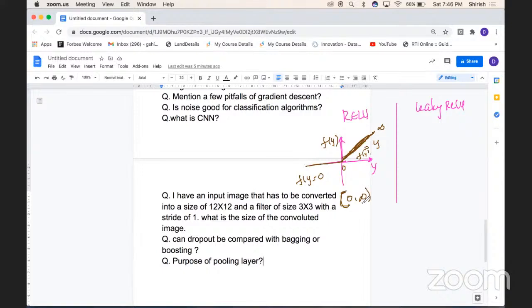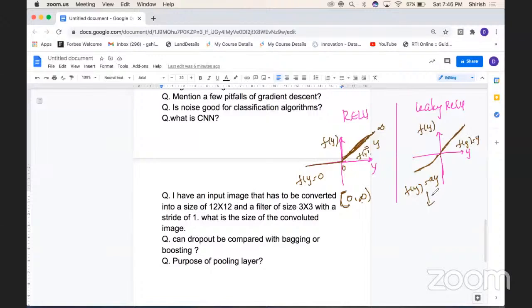Now, what happens in case of leaky ReLU? How is that figure going to be? I take the same axes. You have your y. Then I have to draw the range. This side it is the same, friends. But what happens this side is a little bit different. Some value you can take. This is your f of y. Here f of y is equal to y, but here f of y is equal to some value, we can make it ay.